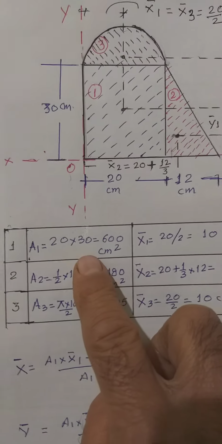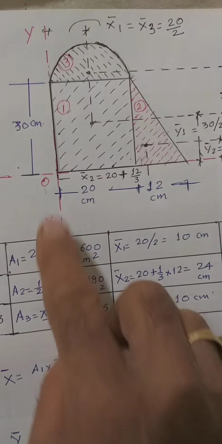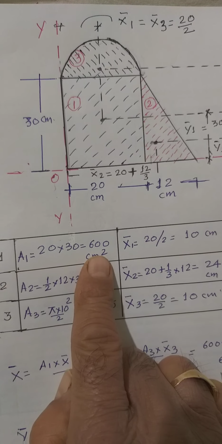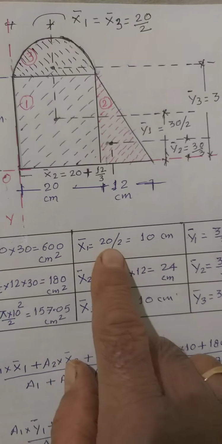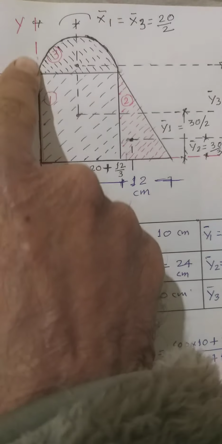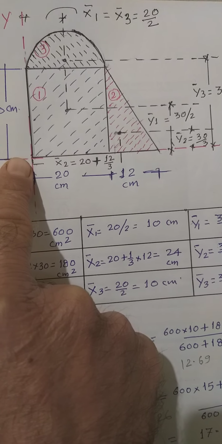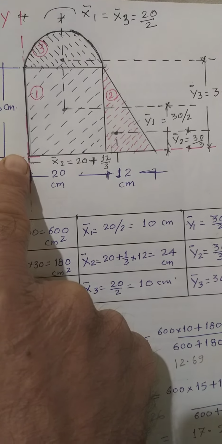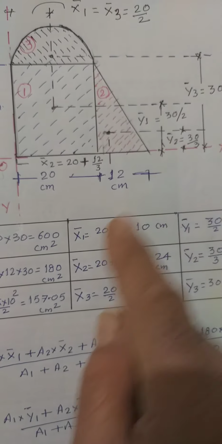Now just see, first of all I have calculated the area of 20 cross 30, then X bar 1 from this Y axis. I have taken these as the reference lines. Always consider the outermost line as a baseline vertically as well as horizontally.